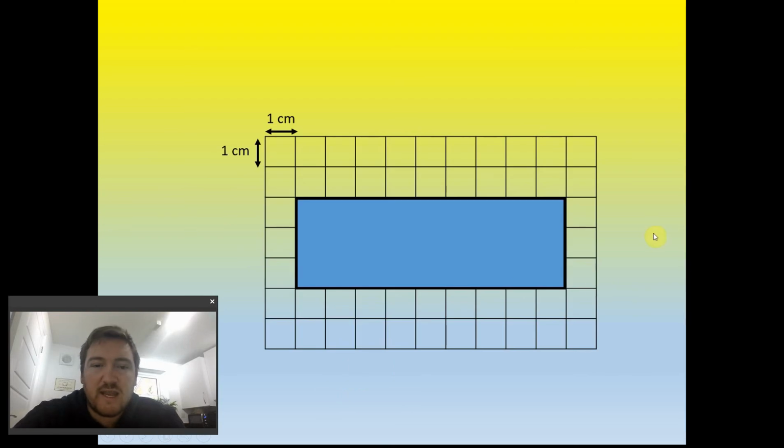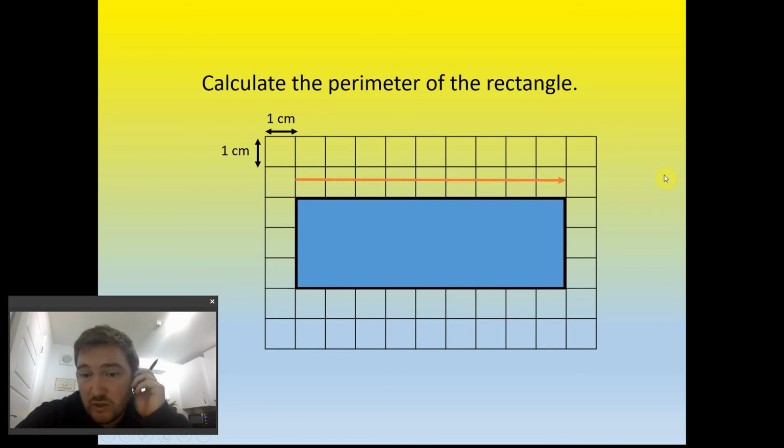Okay. So today we're calculating the perimeter of a rectangle, but this time we're not using a tape measure, a ruler, or a piece of string. We're going to be using the squares on our grid paper, which makes it slightly easier for us. So we know that one of these squares is 1 centimeter high and 1 centimeter wide.